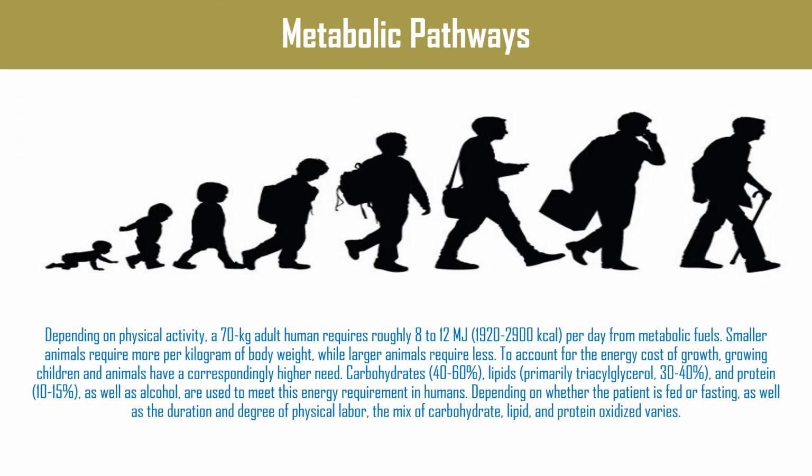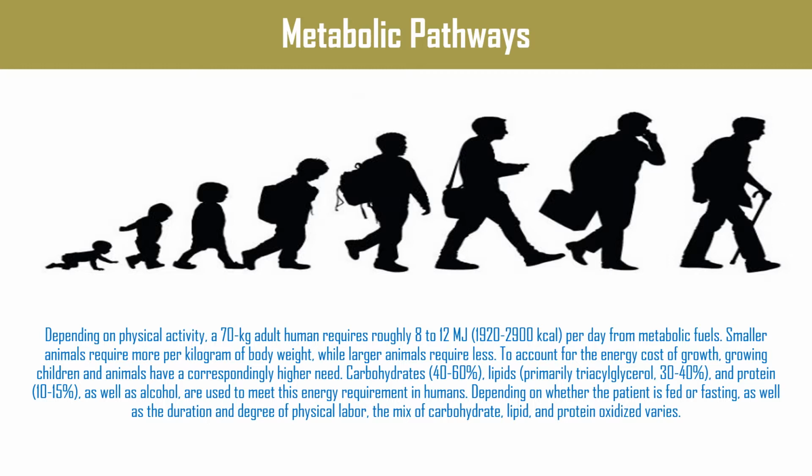Depending on physical activity, a 70 kg adult human requires roughly 8 to 12 MJ per day from metabolic fuels. Smaller animals require more per kilogram of body weight, while larger animals require less. To account for the energy cost of growth, growing children and animals have correspondingly higher needs.